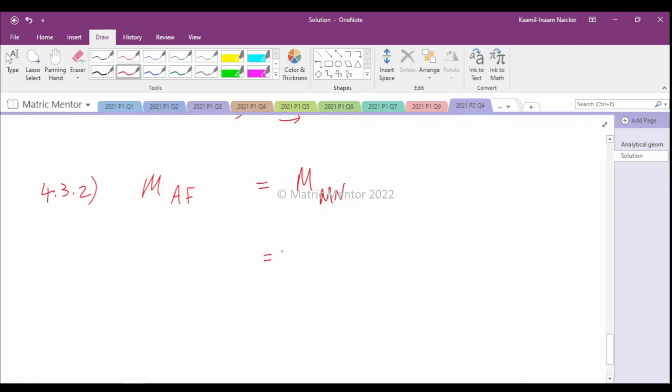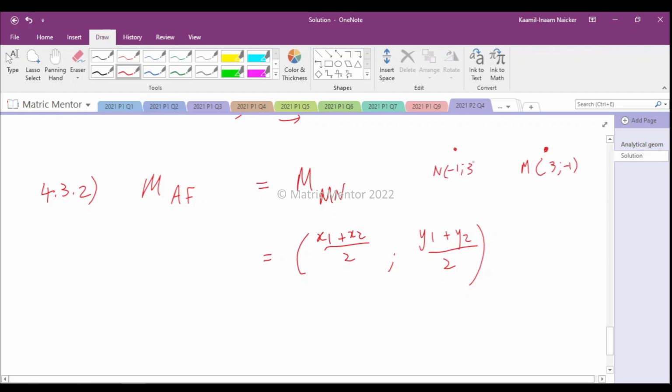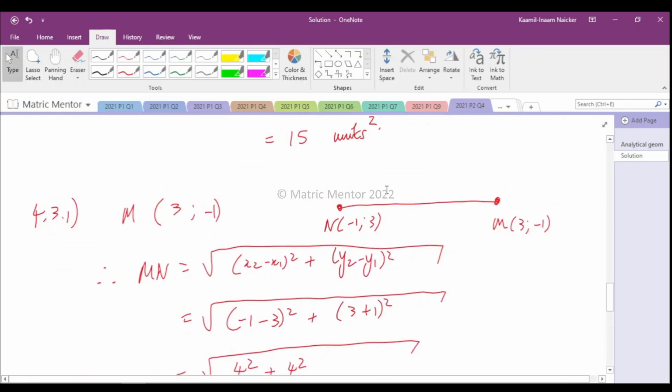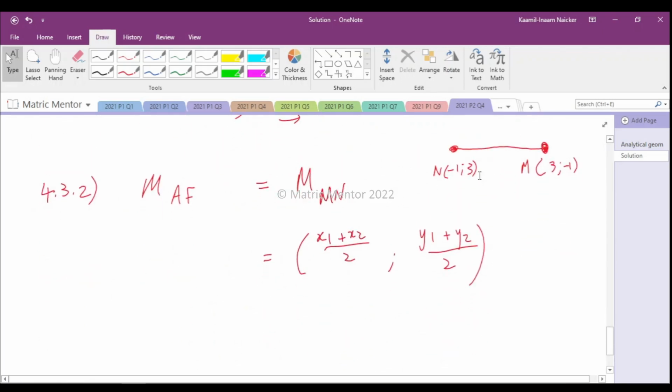So the midpoint of AF will be x1 plus x2 over 2, y1 plus y2 over 2. Remember, from the drawing above, M is located at 3, minus 1, and N is located at minus 1, 3. I'm just putting these 2 points down here so that we have a reference for ourselves. Let me check if I got that correct. N is at minus 1 and 3. Yes, that is correct. And M is at 3 and minus 1.